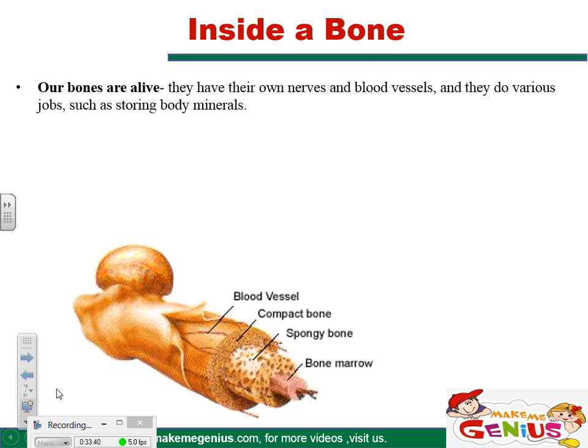Inside the bone, your bones are actually alive. They have their own nerves and their own blood vessels. And they do various jobs such as storing body materials like your minerals and your calcium. This is why it's important to drink milk so you can take care of your bones.